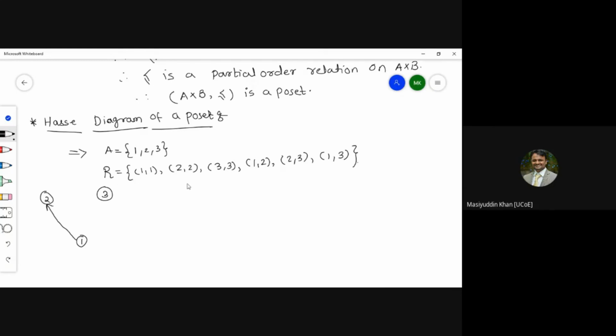Then 2 to 3 is there. 1 to 3 is there. Now 1 to 1 is there, means reflexive is there. 2 to 2 is there, and 3 to 3 is there.